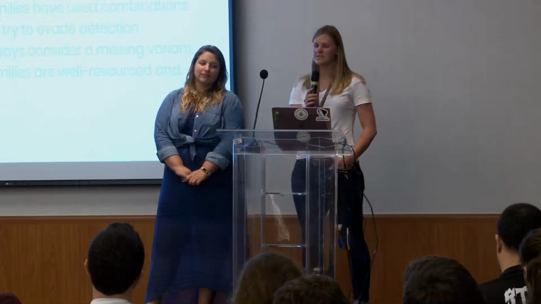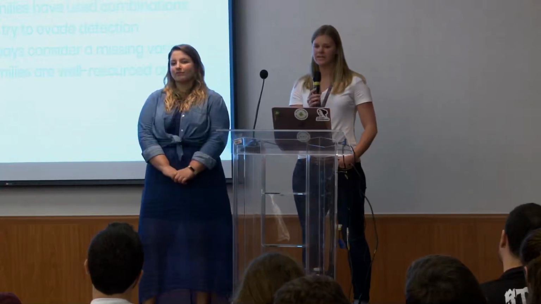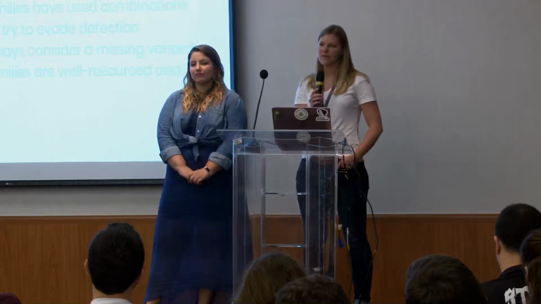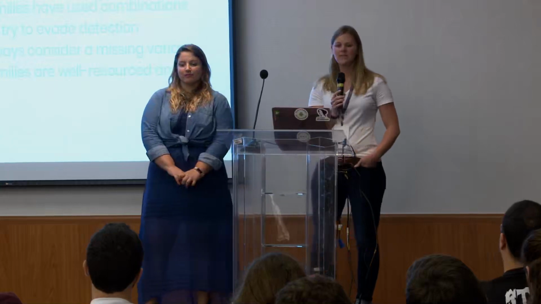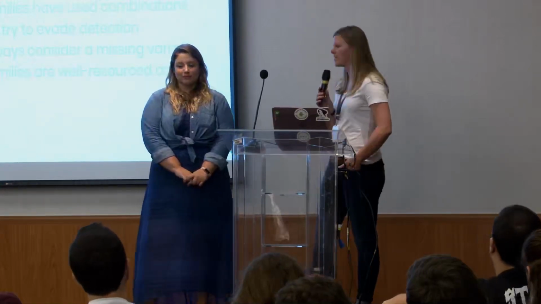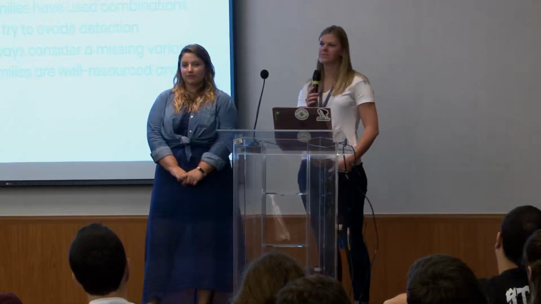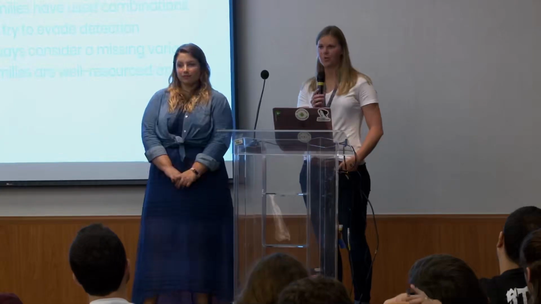The last lesson learned from us is don't be complacent. Always consider a missing variant. When we've been looking at these impactful families, we see that most of them are really well-resourced. And that means that they actually have the capability to evolve rapidly, change things. I think Bread SMS is a really good example of that. With the money they're bringing in, they can hire more and more engineers to change the code more quickly.